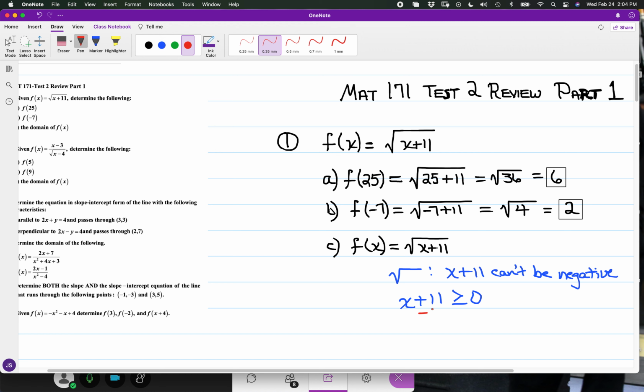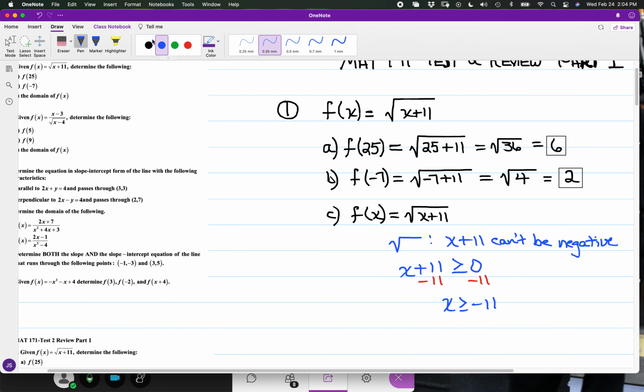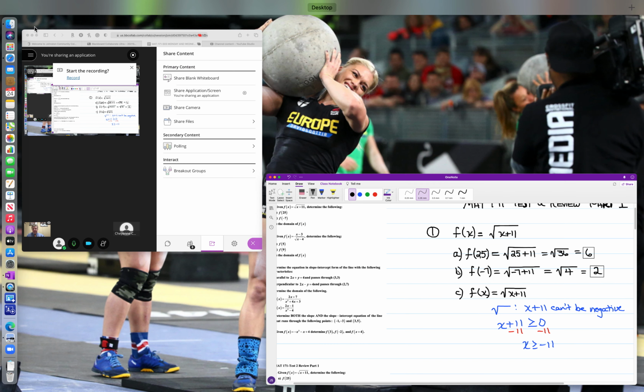So we have x plus 11 is greater than or equal to 0. In solving for x, if we take 11 away from both sides, we have x is greater than or equal to negative 11.